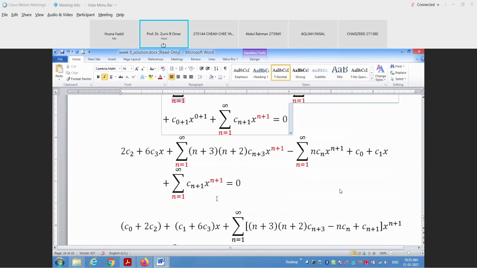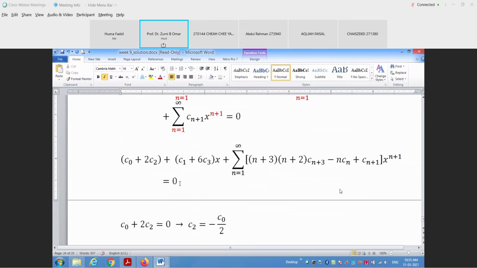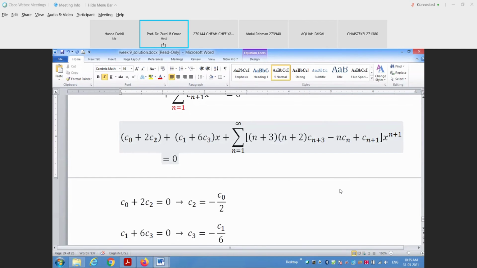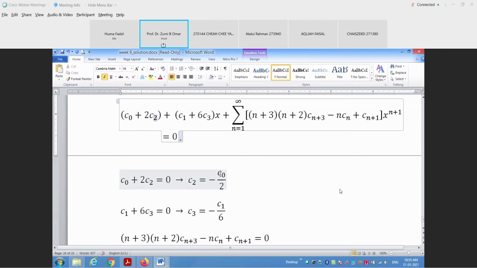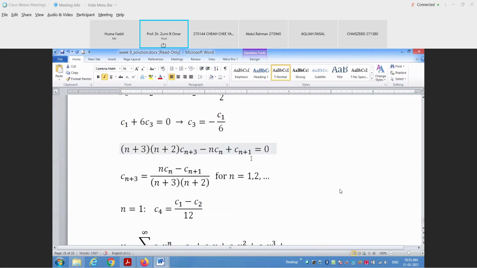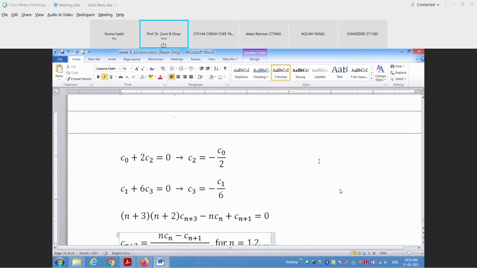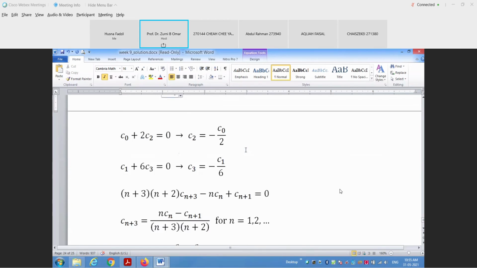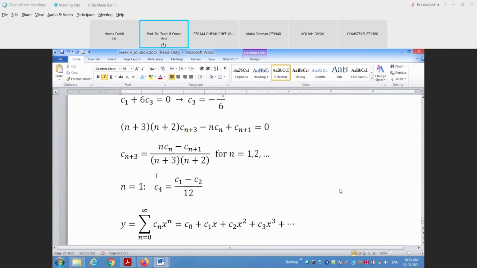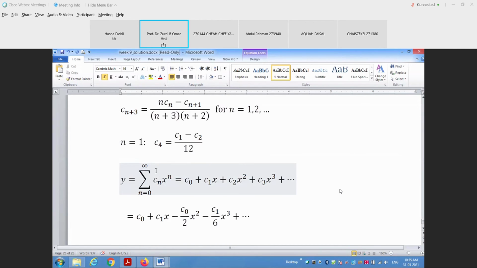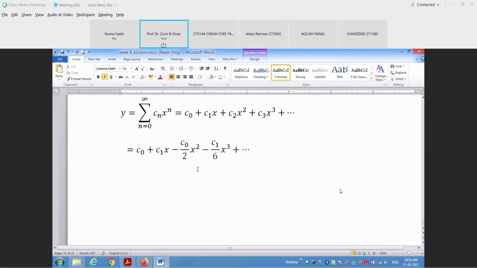The rest you just simplify, and all coefficients must be equal to 0. That's why you have this value here, and the coefficient inside the summation must also be equal to 0, and the value of n here depends on the index. Then you list a few terms, and you will get the solutions.